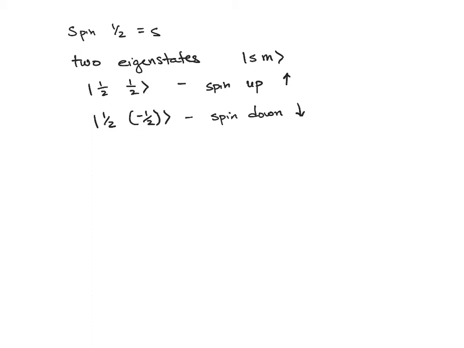So we're going to use these eigenstates as basis vectors, and we're going to express the general state of a spin 1/2 particle as a 2-element column matrix.